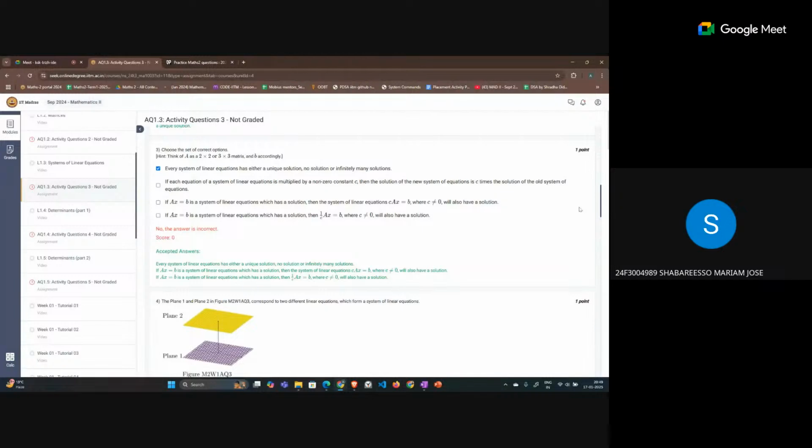My doubt is, if we have a system of linear equations, we can multiply that equation to get a new equation. So here we are multiplying it with the constant c. So b should also be multiplied with c, right? In the third option it should be bc, and in the fourth option it should be b into 1 by c.